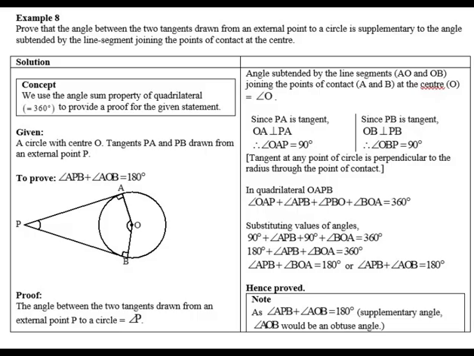Substituting the values of angles, we get 90 degrees plus angle APB plus 90 degrees plus angle BOA is equal to 360 degrees, which implies 180 degrees plus angle APB plus angle BOA is equal to 360 degrees, which implies angle APB plus angle BOA is equal to 180 degrees. Angle BOA is nothing but angle AOB. Hence, angle APB plus angle AOB is equal to 180 degrees.